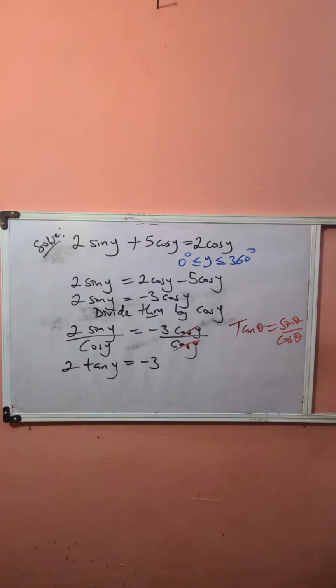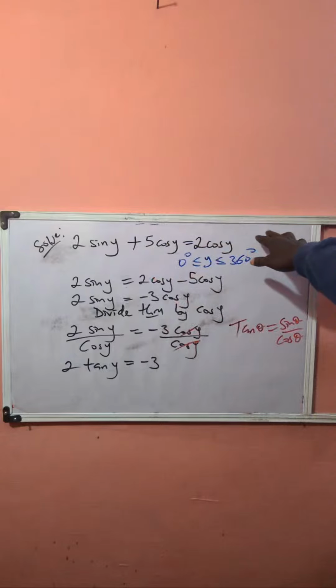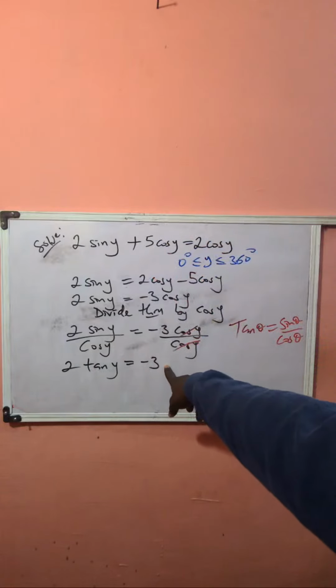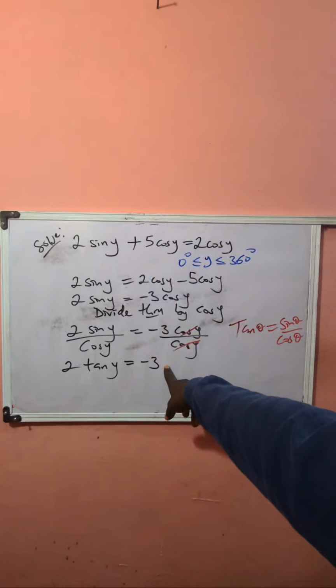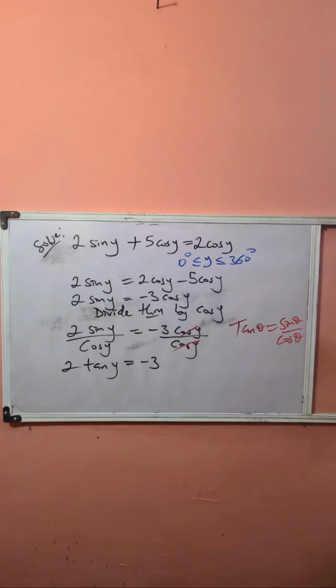Do we see how interesting this is? We can literally see that we have been able to bring this from this very complex looking equation to what we have been able to resolve it into. So from here, we have to follow through on the idea around solving trigonometry equations. What I have here is tan y.